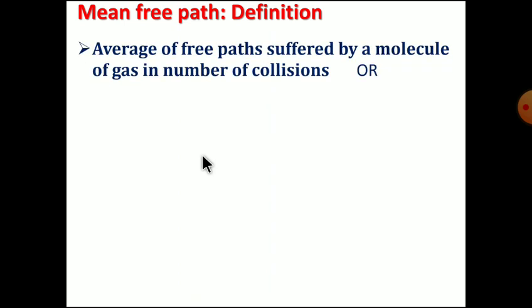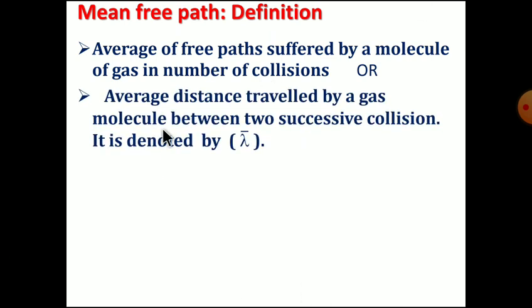Therefore, how do we define mean free path? The average of free paths suffered by a molecule of gas in a number of collisions. Or we define it in another way, the average distance traveled by a gas molecule between two successive collisions. It is denoted by lambda bar.